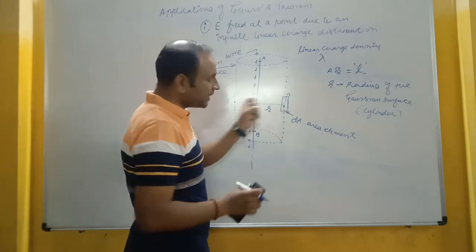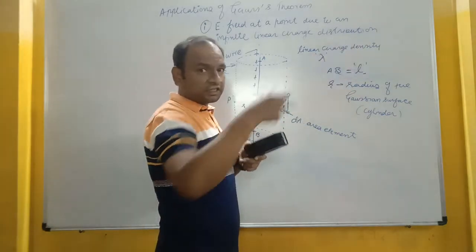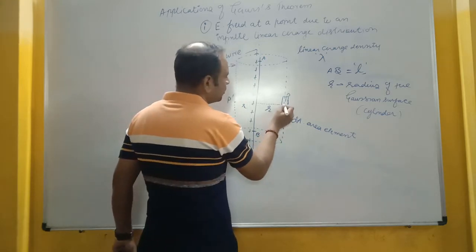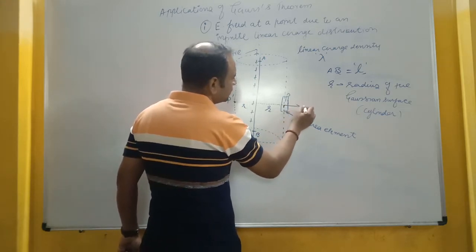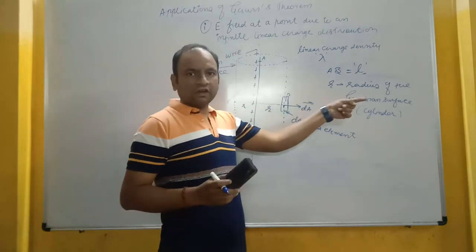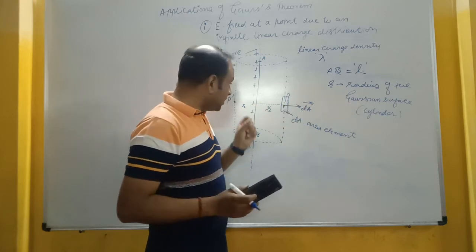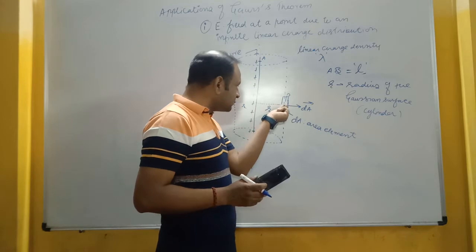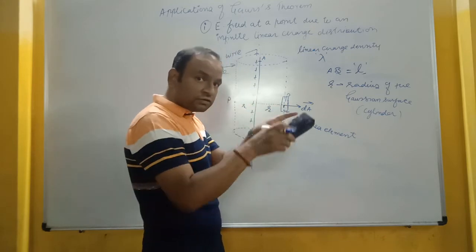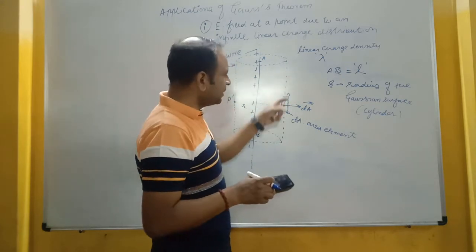If I draw the area vector, it is always drawn outward normal to the surface. So if I draw the outward normal here, it would be something like this. This is my dA vector, along this direction. If I consider the electric field at this point because of the charge over here, that would also be radially outward, because every charge produces its electric field at these respective areas.